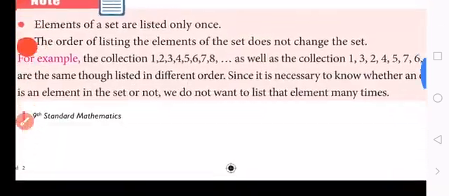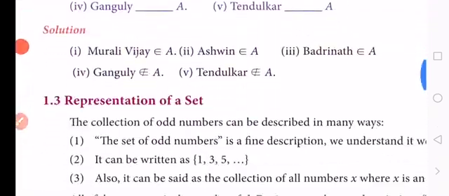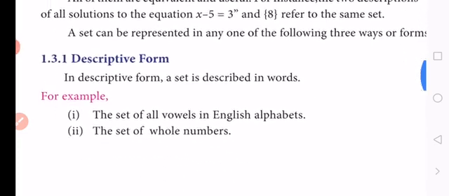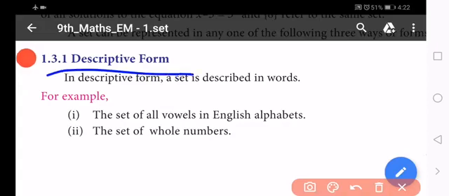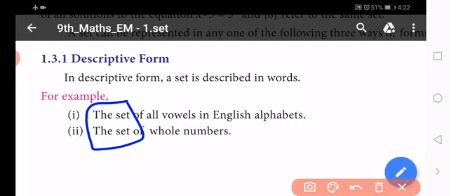These are examples we already used in the book, but look at this example. This is the descriptive form of representation of a set. We use this method to represent a set. We use the words the set. That means instead of the word collection, we use the words the set.